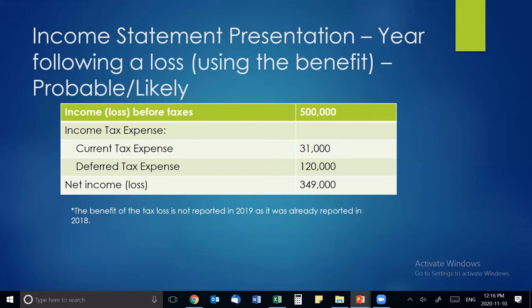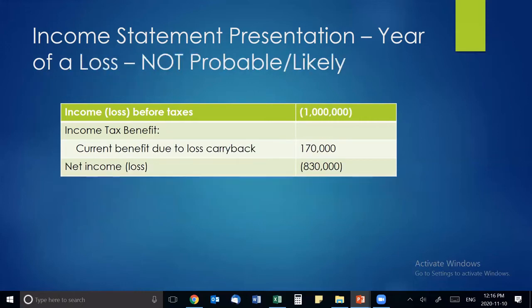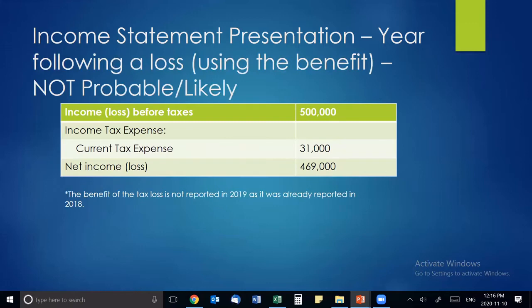If it is not likely or probable, whether we're using IFRS or ASPE, that we can use the loss carry forward, we wouldn't record a loss carry forward. So we'd only record the journal entry for carry back. We wouldn't do carry forward. But we can still use the loss to bring down our current tax expense.